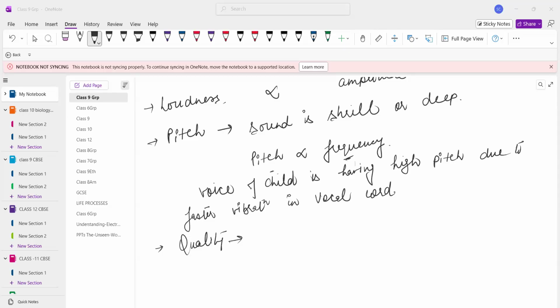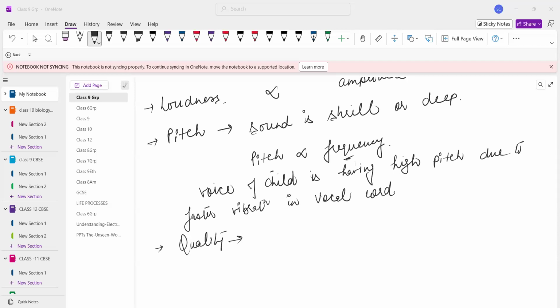We can differentiate between two instruments like flute or violin, even if someone is playing the same note with the same loudness. How can we identify the difference? Because the quality is different.